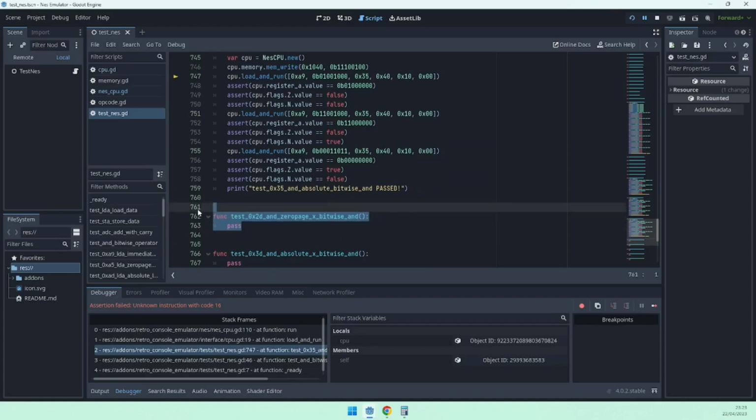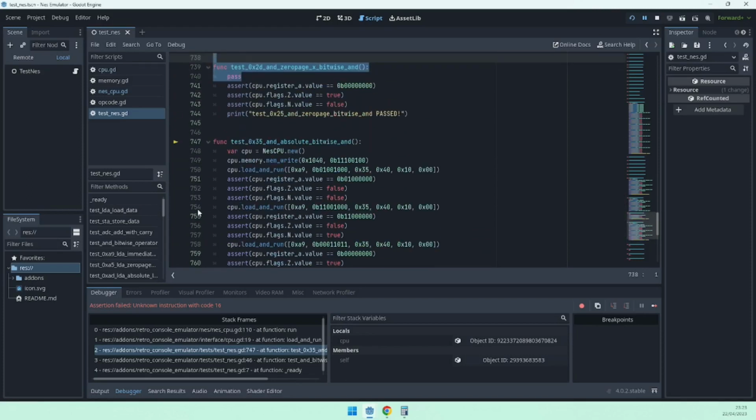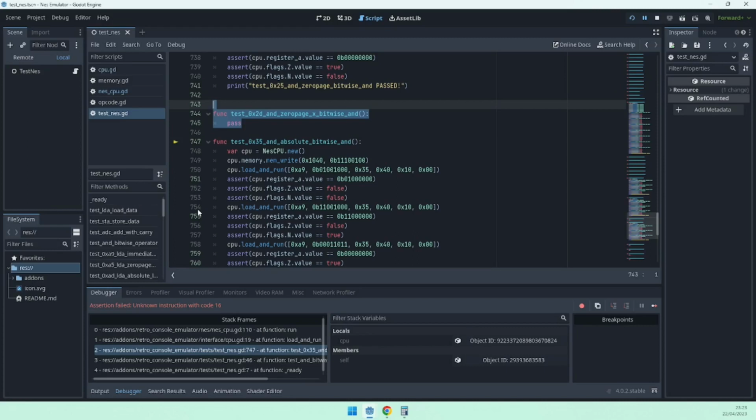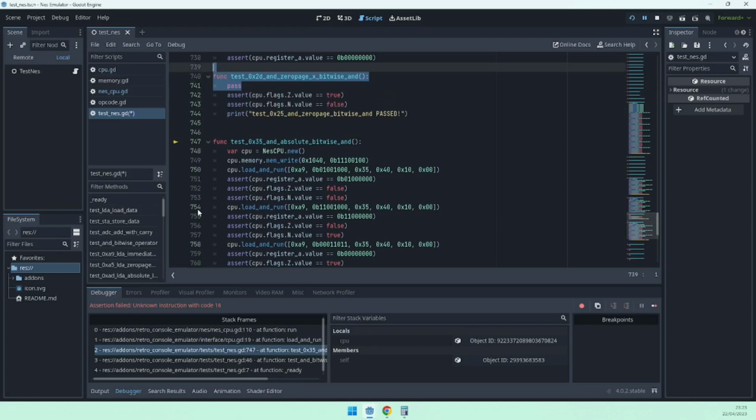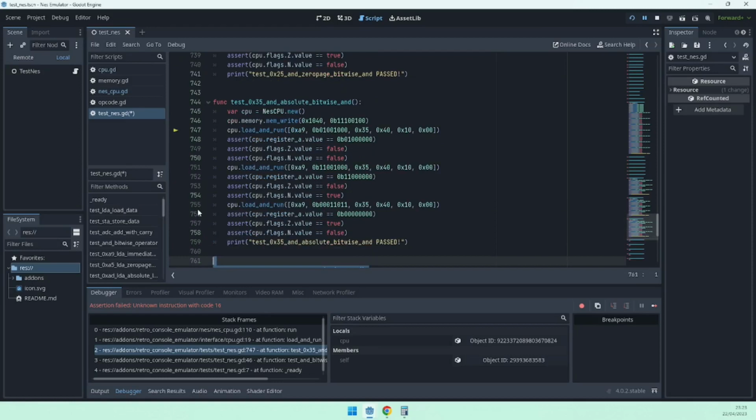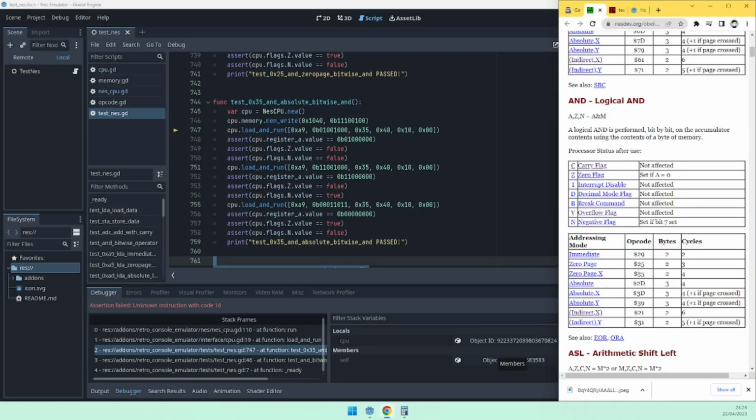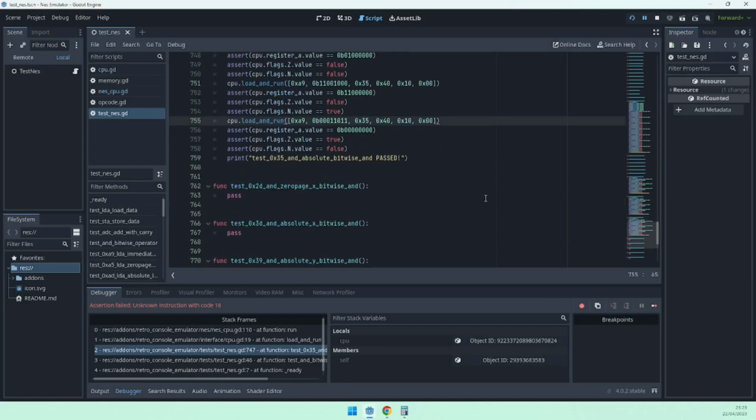It is here. Okay, so let me check this. What is wrong? What is 35? 35 is zero page X. That is dangerous.